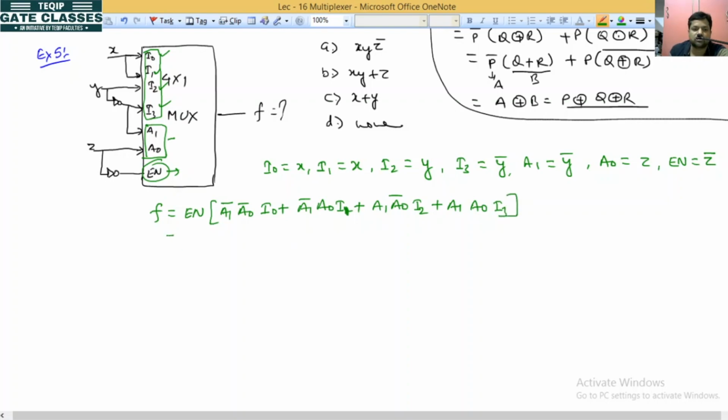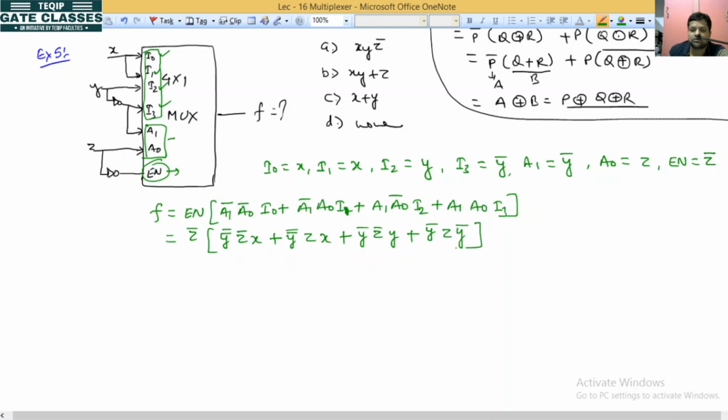Put all the values, so it has z bar, A1 bar is y bar's bar, A0 bar is z bar, I0 is x, plus again A1 bar is y bar's bar, A0 is z, I1 is x, plus A1 is y bar, A0 bar is z bar, I2 is y, plus again A1 is y bar, A0 is z, I3 will be again y bar.